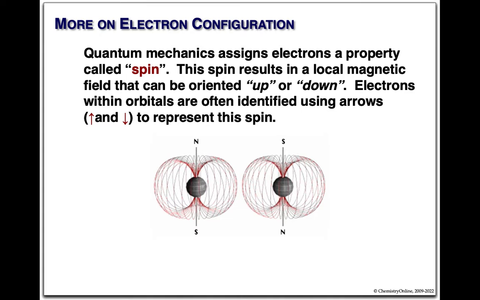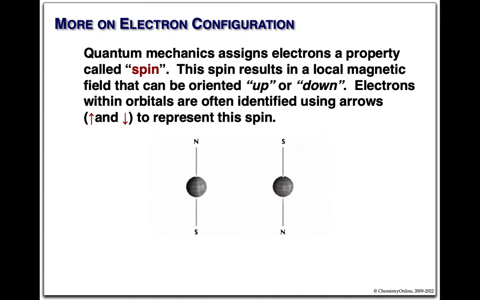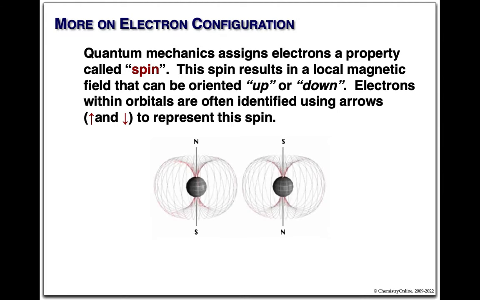Okay, so within any orbital, we're going to have 2 electrons, and something called Hund's rule tells us that one is going to be up and one is going to be down.